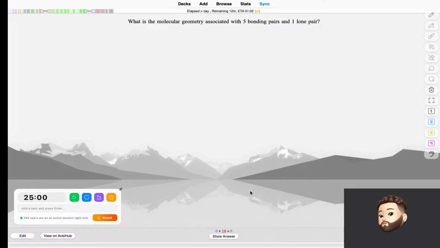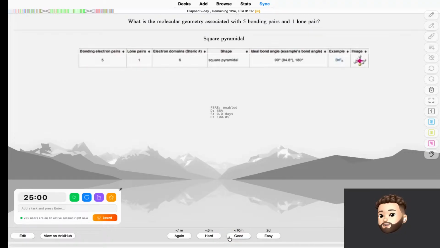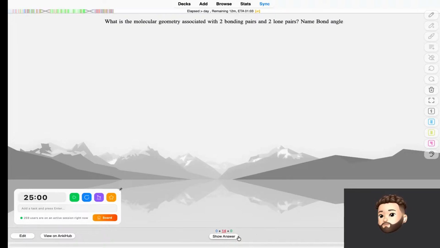What is the molecular geometry associated with five bonding pairs and one lone pair? It's gonna be square pyramidal, still 90 and 180. Associated with two bonding pairs and two lone pairs, I think it's gonna be bent, like 104.5.